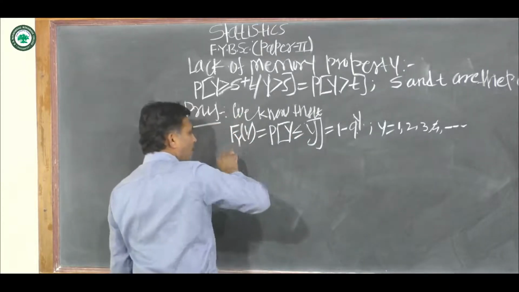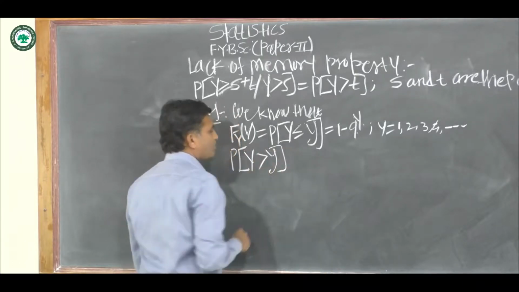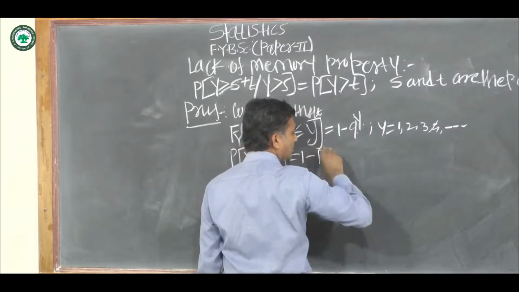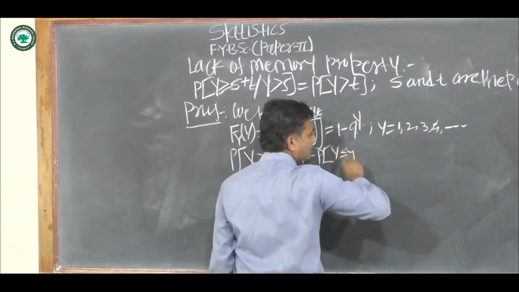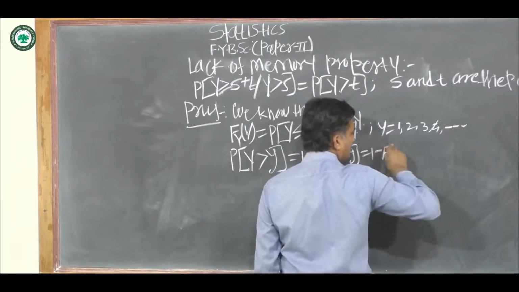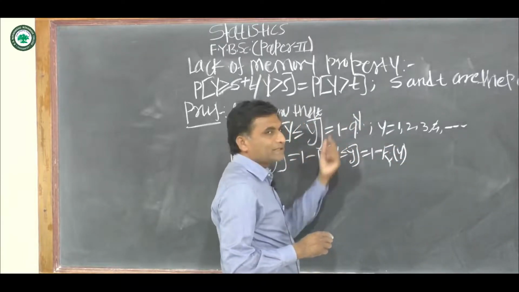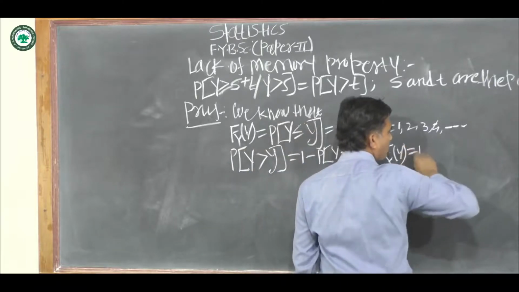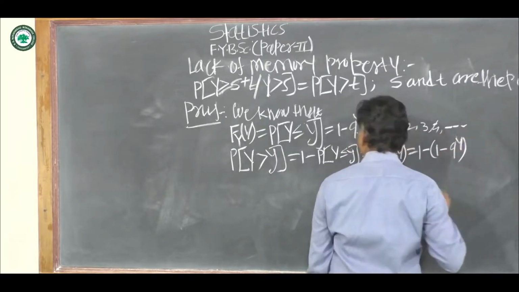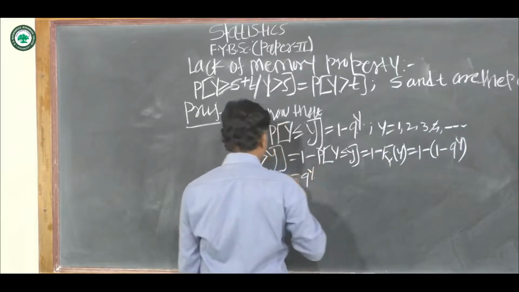Now probability of Y is greater than small y is equal to 1 minus probability of Y is less than or equal to small y, that is 1 minus F(y), and F(y) is equal to 1 minus q raised to y, so this is 1 minus, in bracket, 1 minus q raised to y, which is equal to q raised to y only.